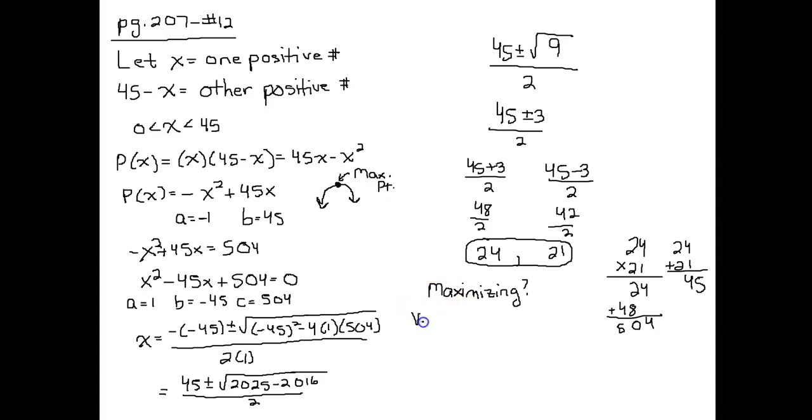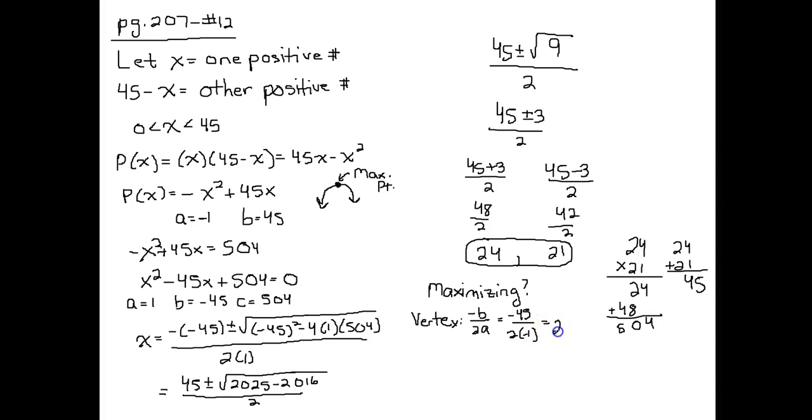Remember, vertex has a vertex formula you can use as a quick thing to get your vertex. Negative b over 2a will give you the x coordinate. So if you're trying to maximize the P of x equals negative x squared plus 45x, you have negative 45 over 2 times negative 1.